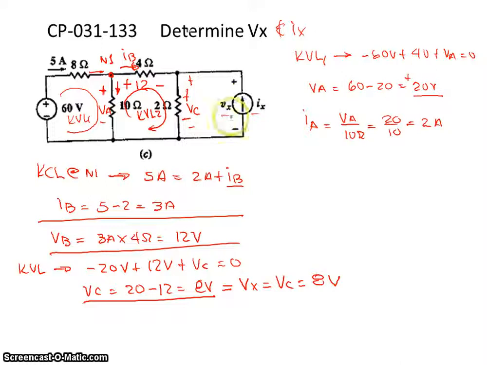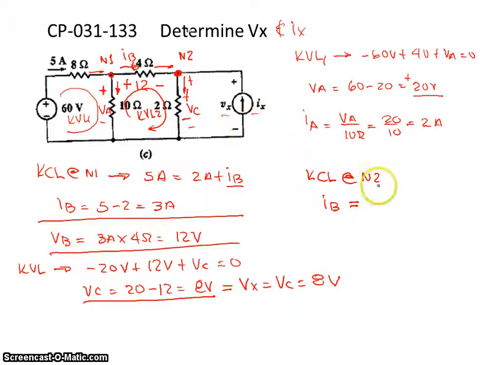Now, what is the value of I sub x? Well, we have to look at this node, and I'm going to call this node number 2. And I can write a Kirchhoff's current law at node 2, and I will have this I sub b current going into this node, and I will have this other current going out.